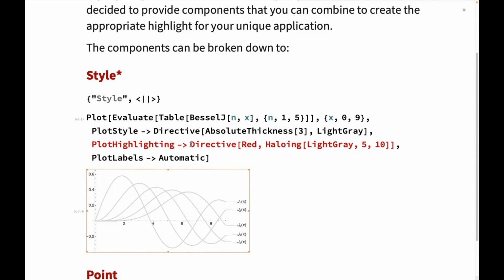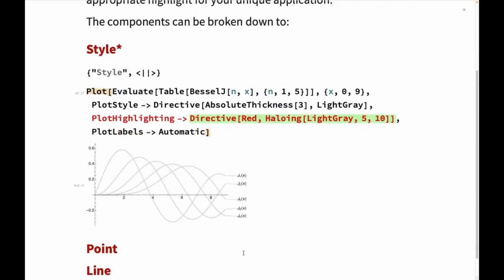When you put a style in the plot highlighting, it is going to interfere with other mechanisms. I just want you to know that when you specify style, the others, because they use the same mouse over mechanism, will be disabled.